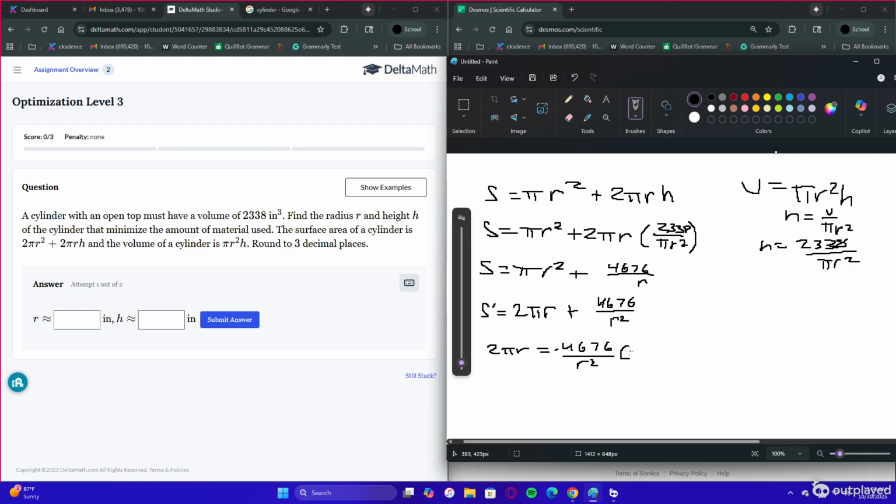And if you multiply both sides by r squared, you're going to get 2 pi r cubed equals negative 4676. Just divide by 2 pi, and you're going to get r cubed equals negative 4676 over 2 pi, or r equals the cube root of this.